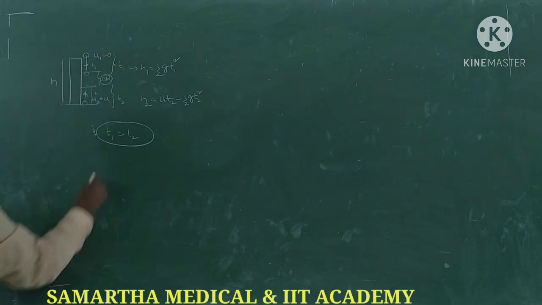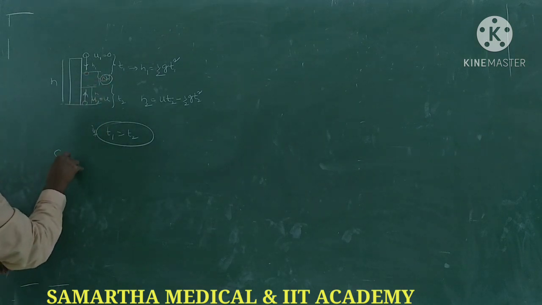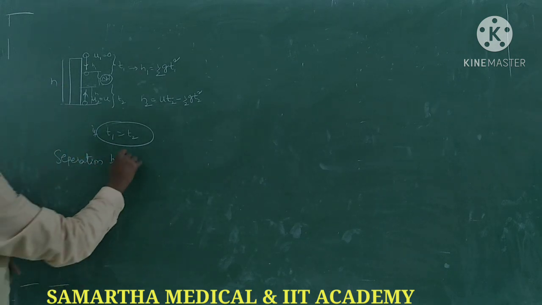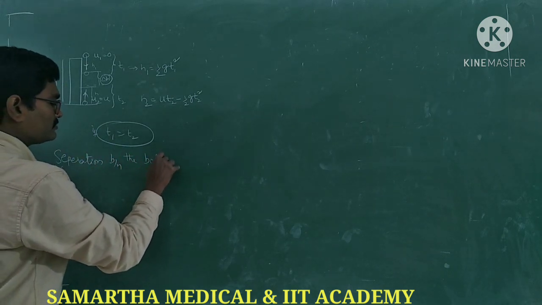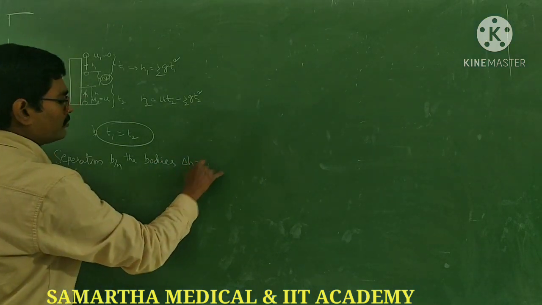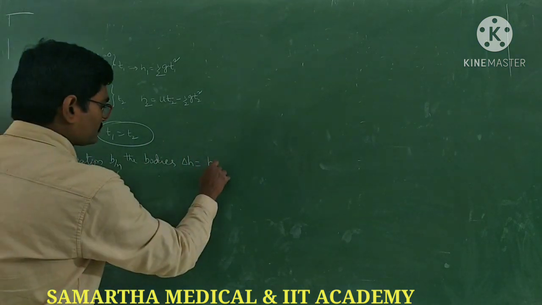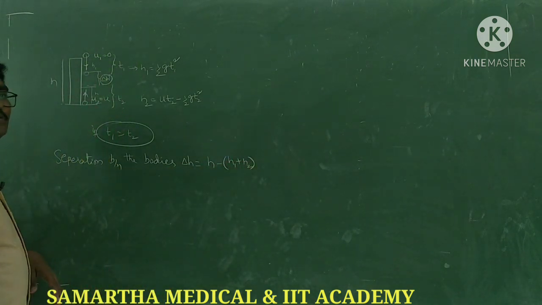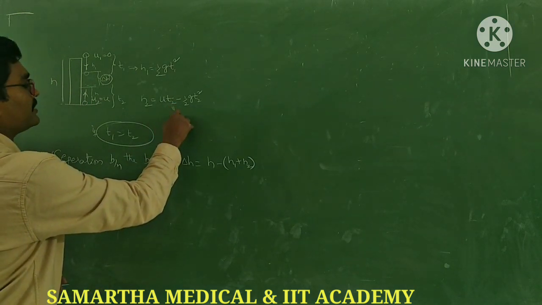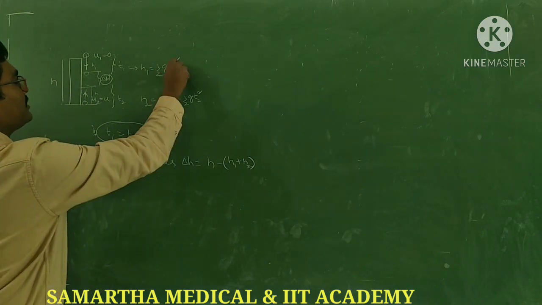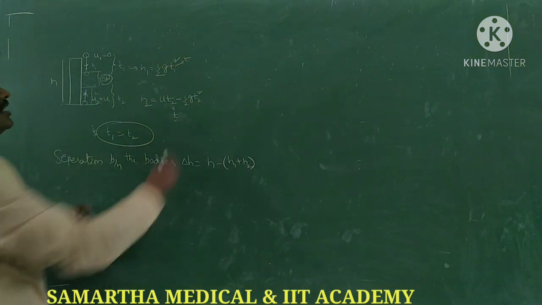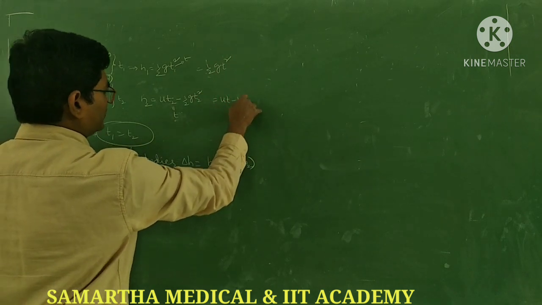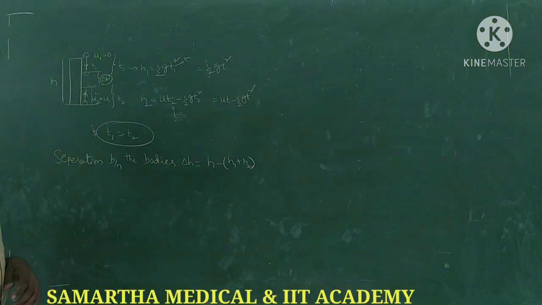Correct? So the separation between the bodies, delta h, is equal to h minus of h1 plus h2. Here t2 is t, here t1 is also t. Then this is half g t square, and this is ut minus half g t square.